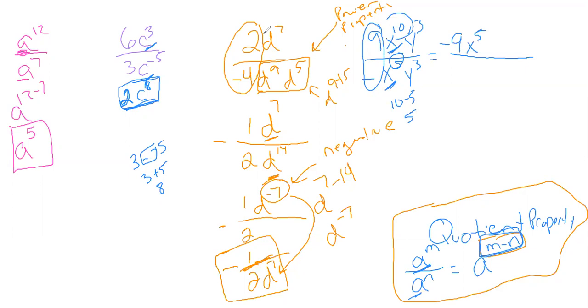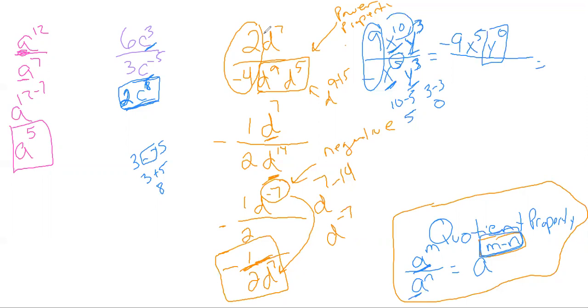After that, I go to the next one. I say, okay, I've got y to the 3rd divided by y to the 3rd. The bases are the same. So what do we do with the exponents? We subtract them, 3 minus 3. So we get 0. So we get y to the 0th power. But wait a second. What do we remember about anything to the 0th power?